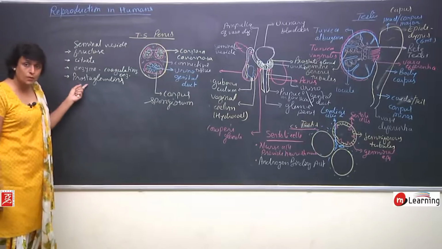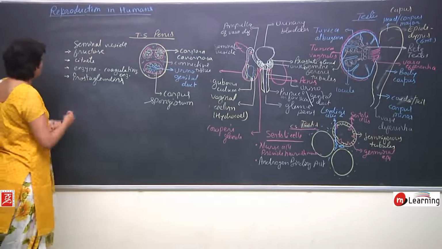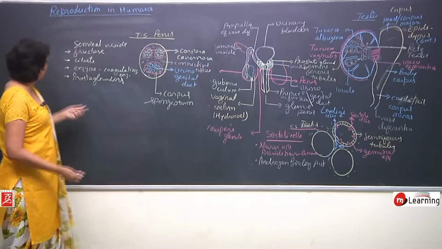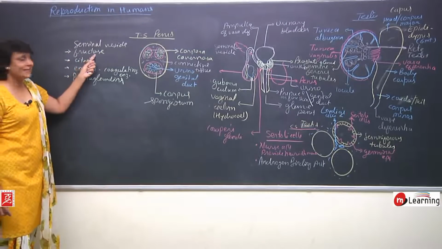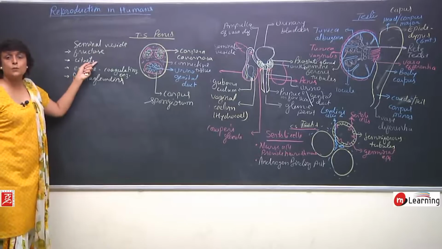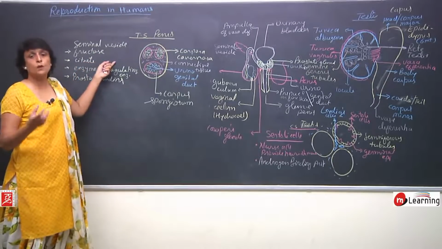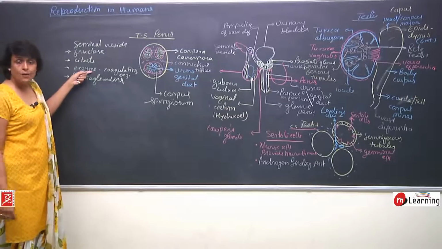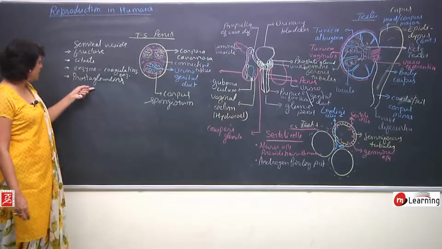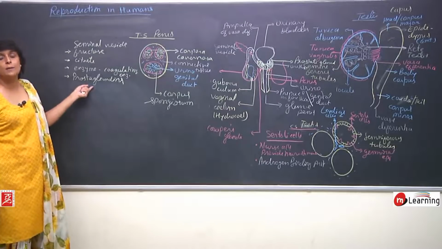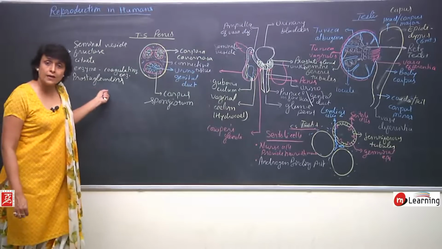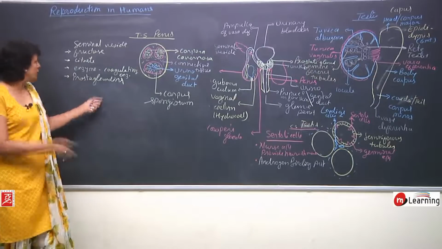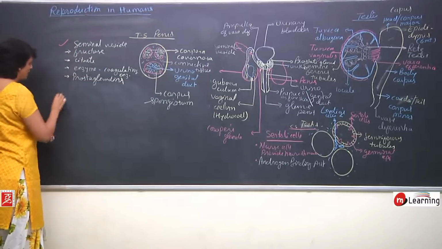So, we will talk about this also when we come to the stage of discussion of insemination and fertilization. So, it mainly contains fructose and citrates which are nourishment or nutritive parts for the sperms, a coagulating enzyme, and prostaglandins which are required for the contractions of the female reproductive tract. This is seminal vesicle.